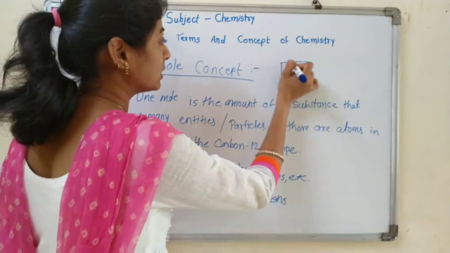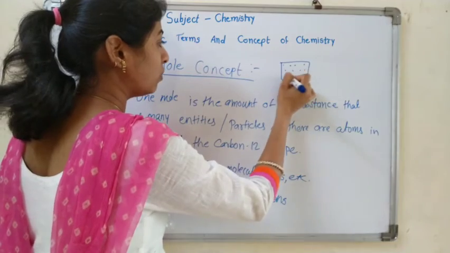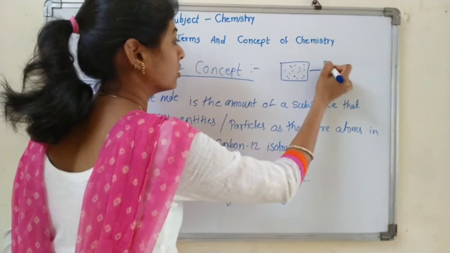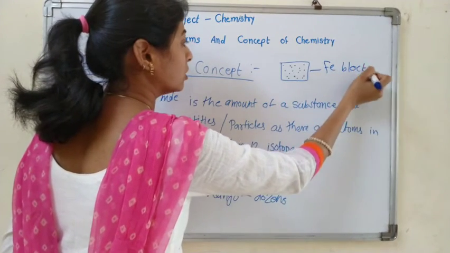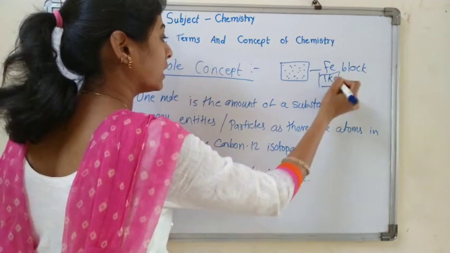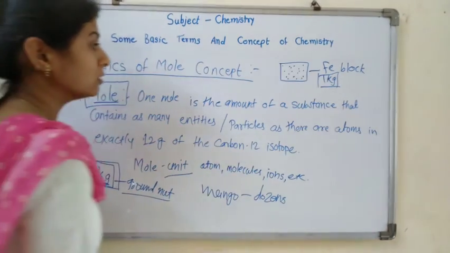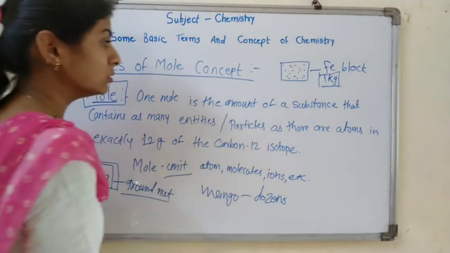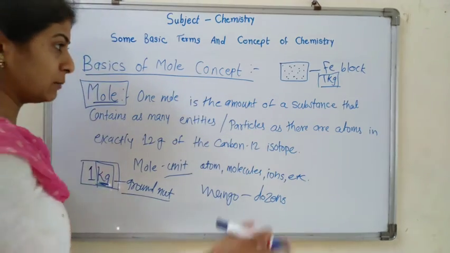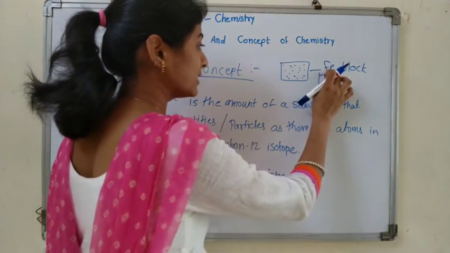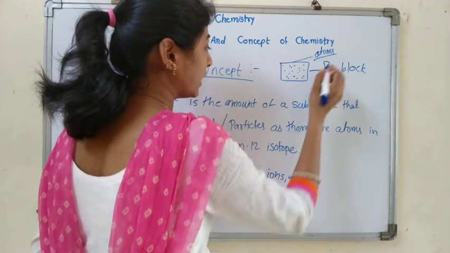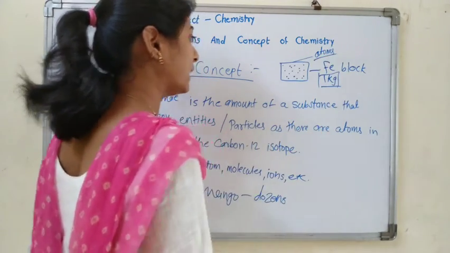Okay. But for submicroscopic particles or small substances that may contain a large amount of atoms or ions or electrons, suppose this is a carbon block or Fe block. Its weight is 1 kg. But as we know, atoms are the smallest particle of an element. So the Fe block consists of a number of atoms. These are submicroscopic particles.